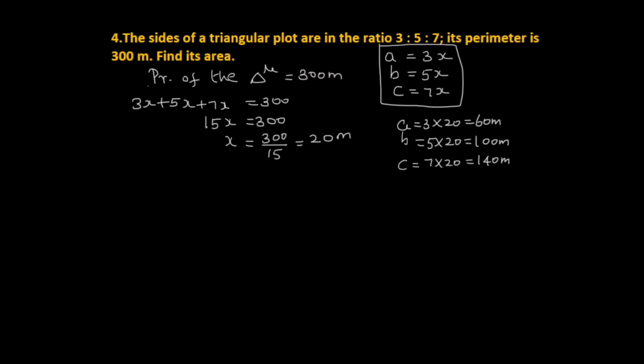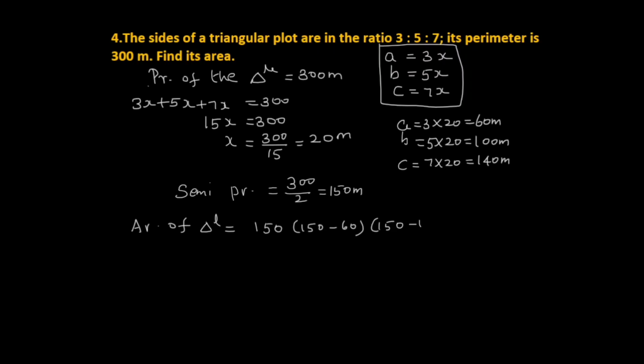Once again, we need to use Heron's formula. The semi-perimeter is 300 by 2, 150 meter. So the area of the triangle is equal to 150, the semi-perimeter, into 150 minus A, the first side, and 150 minus 100, the second side, 150 minus 140, everything under the square root.